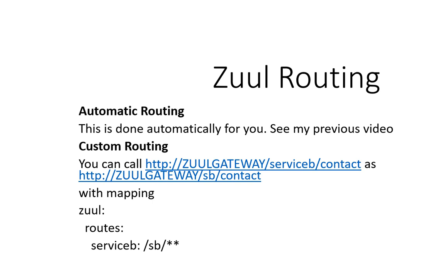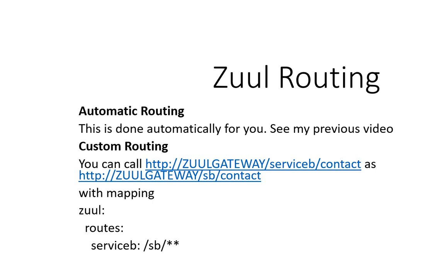And then the custom routing. In custom routing, you can map URLs to different paths. For example, imagine you have a URL like the one on the top, Zuul gateway service B contact, and you want to map it differently.